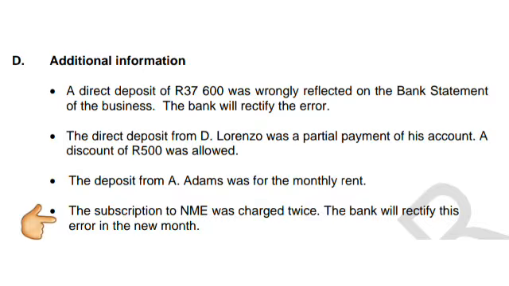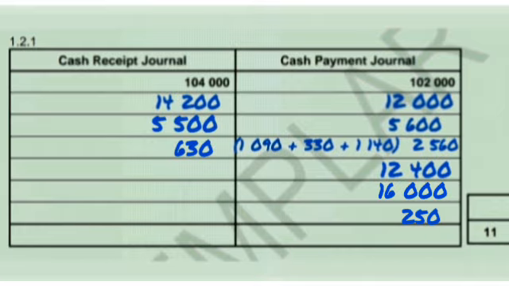The second one, which is the error by the bank, we will fix in the bank reconciliation. So we are going to record only one of the 250s, because that first one is the payment that we were supposed to make to the subscription company. The second 250 will then be rectified in the bank reconciliation statement. I hope that is making sense.